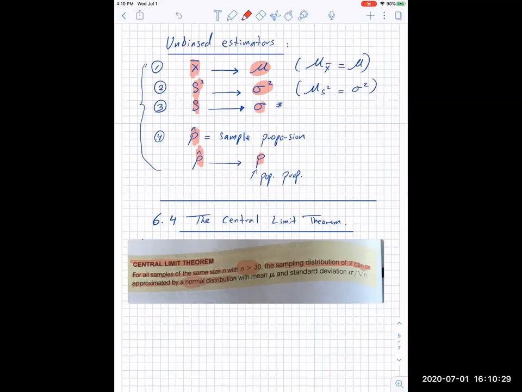Very important result: the distribution of the sample mean, with a mean that is equal to the population mean and standard deviation that is equal to the population standard deviation divided by the square root of n.